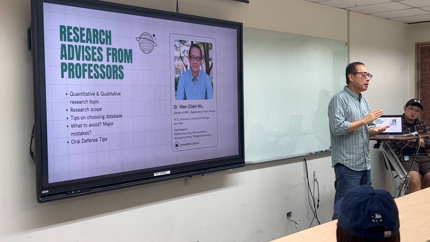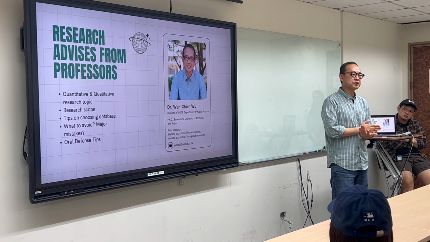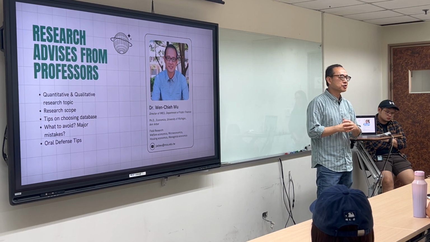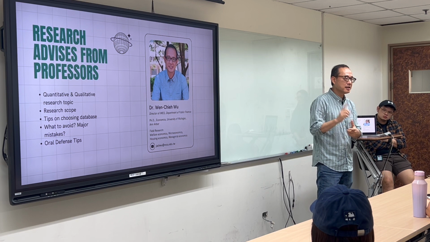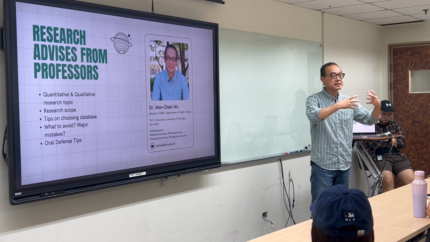So one way is to find the data first. When I was in Michigan, my advisor told me that if you want to do quantitative analysis, data is the most important thing, so you can start from the data.